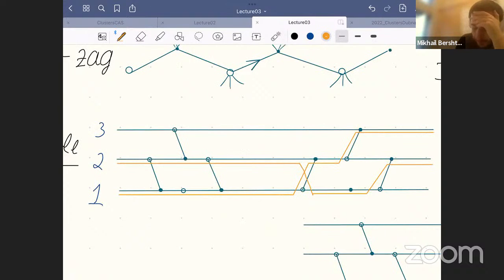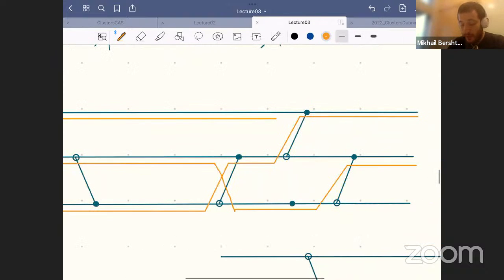Okay, and similarly we can study the zigzag which starts from 3. It goes here on the white, move left, means nothing. Here it's clear that we should do something, and on the black move right, so it means that an intersection appears here.